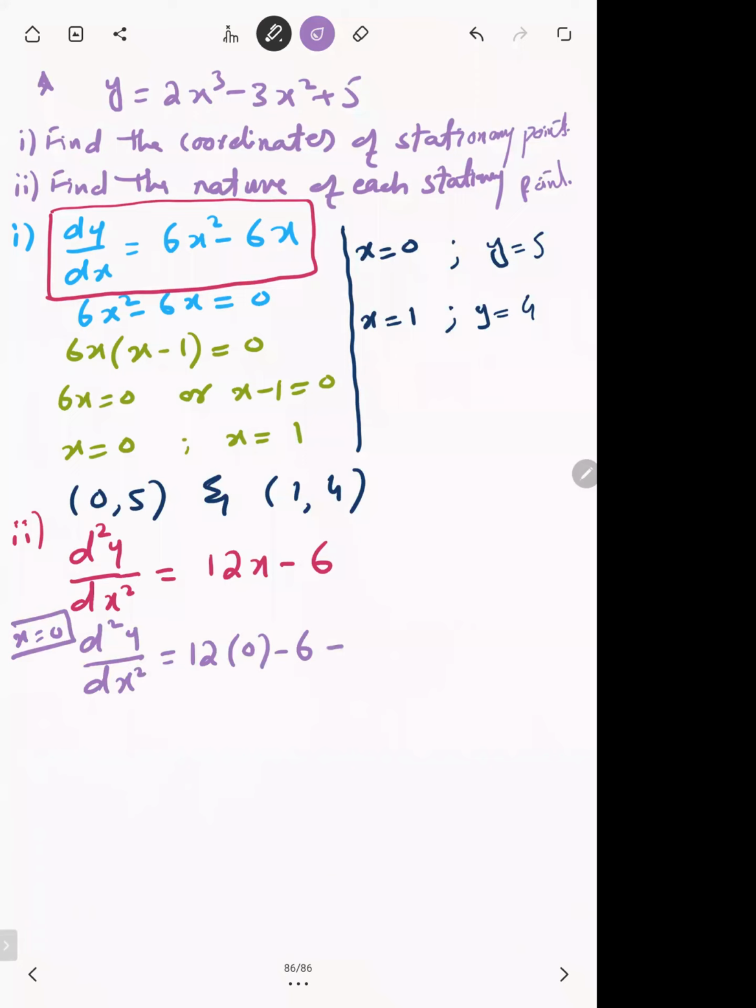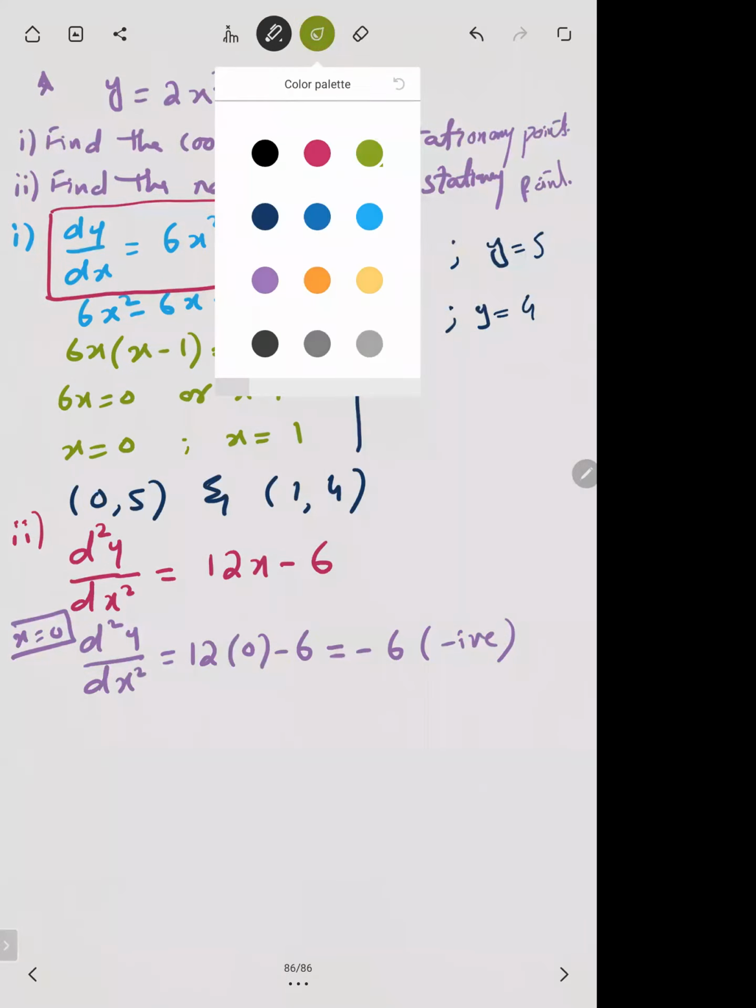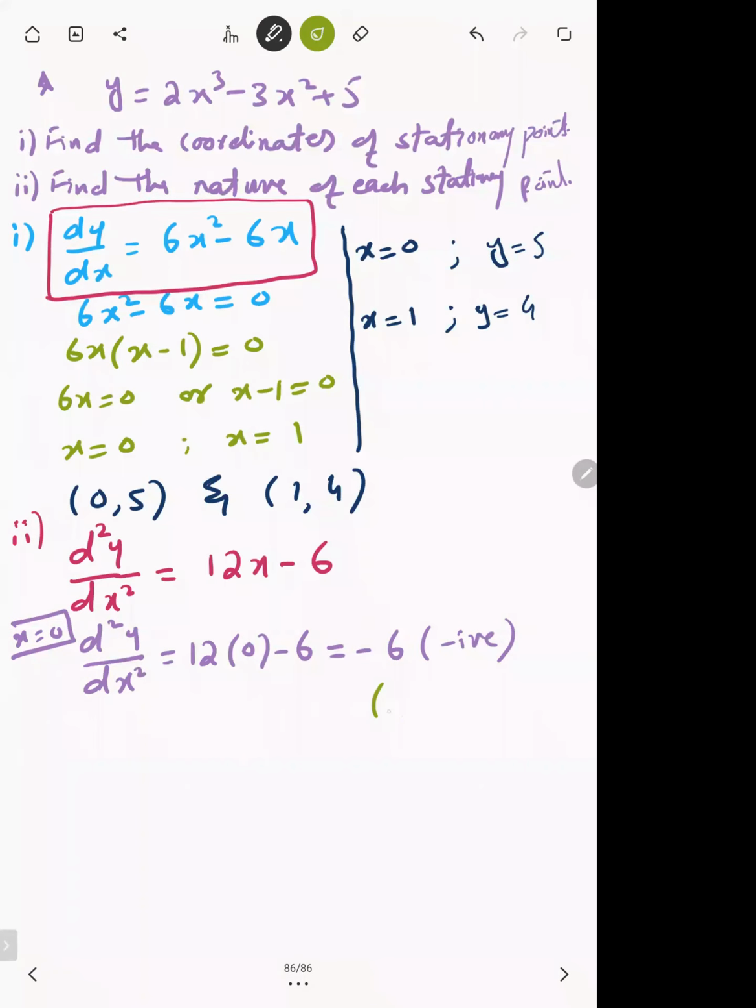You are getting minus 6. Minus 6 means it's negative. So if you are getting negative, it means (0, 5) is a maximum point. That was the second derivative test. If your d square y by dx square is negative, that will be a maximum point. If it is positive, that will be a minimum point.